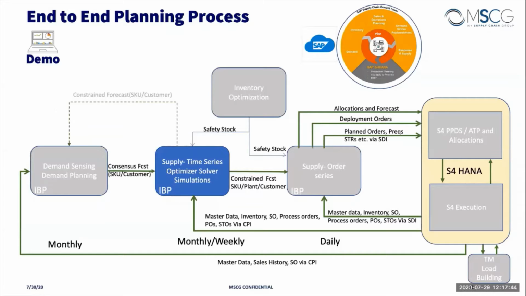We have modeled the inventory holding cost, the non-delivery cost and various other costs, for example, the production cost and all other penalty costs, to come up with a feasible supply plan. We are also using fair share within time series optimizer, which helps us allocate the constrained supply to respective customer demands.